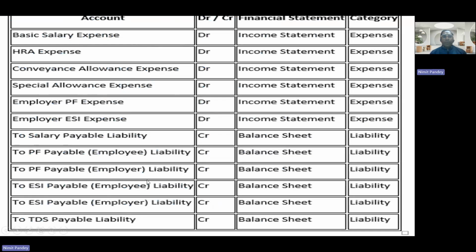And when you pay the salary, then salary payable will be debited with the bank account, and PF payable will be debited with the bank account. At that time all liabilities become zero. I already booked the expense, and when we pay the salary, all liabilities become zero. Okay, so you can learn like this.